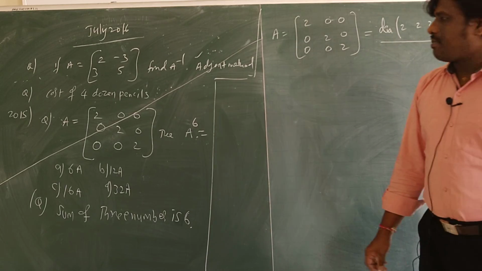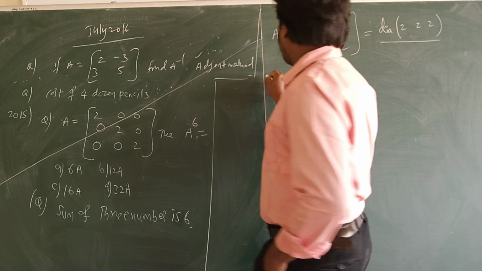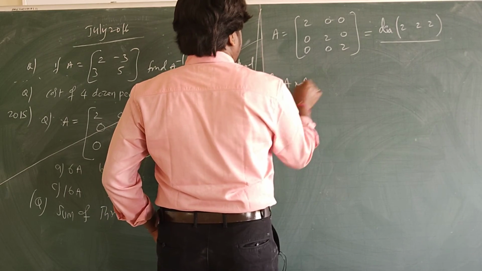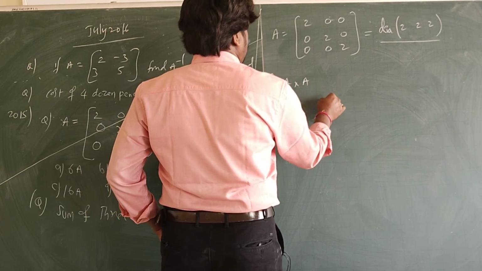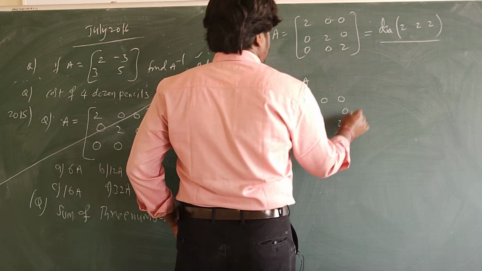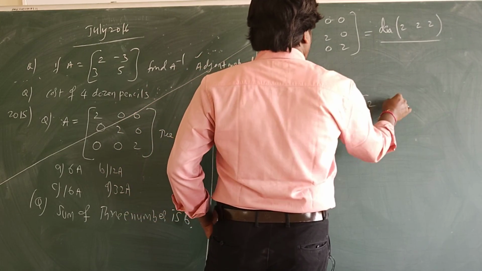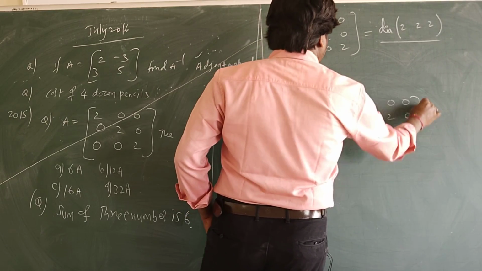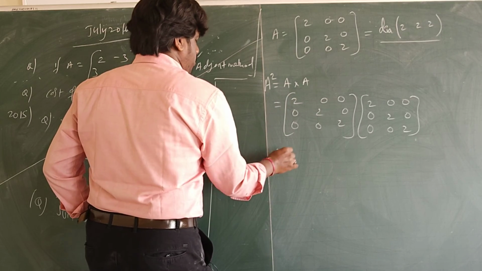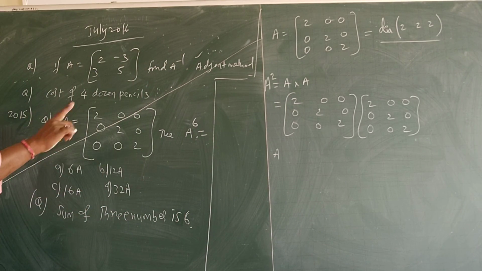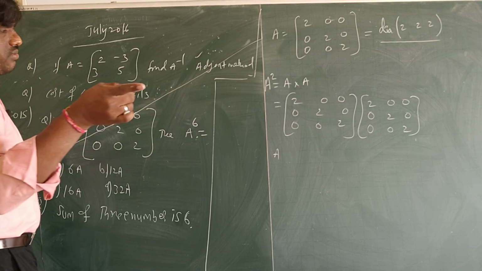Now we have to find A power 6. A power 6 means first we will do A squared. A squared means A into A: 2 0 0, 0 2 0, 0 0 2 into 2 0 0, 0 2 0, 0 0 2. Just multiply A into A. It's an MCQ question; you get MCQ questions, one is a 4 marks question, 6 marks you will get.